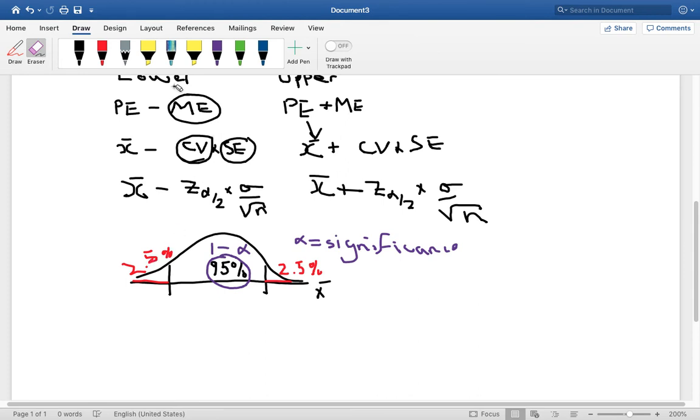So doesn't that mean that in terms of alphas, this area over here is alpha over 2? If alpha is 5%, then this is 2.5%, which is half alpha, so that's alpha over 2, and that is alpha over 2 there as well. So that's just a bit of a definition.